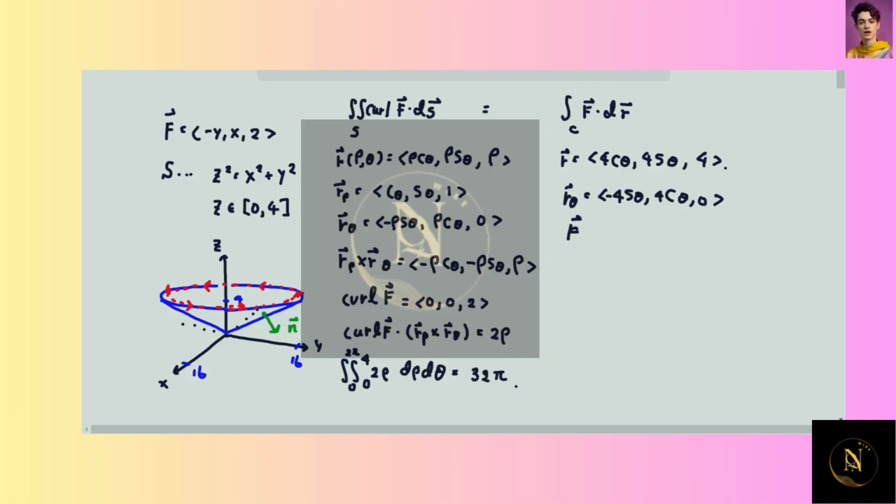F represented with respect to theta is equal to negative 4 cosine theta... oh, let me make sure. It's negative y, so that's a negative 4 sine theta. Let me redo that part.